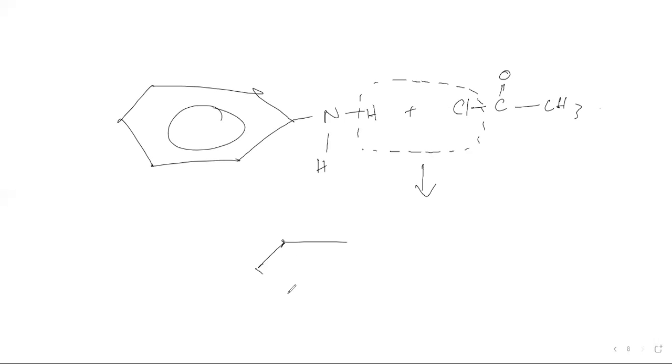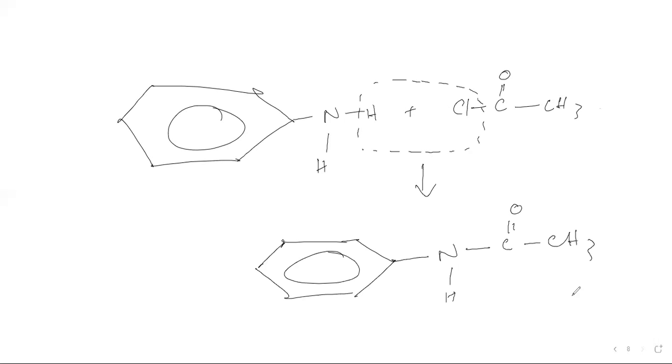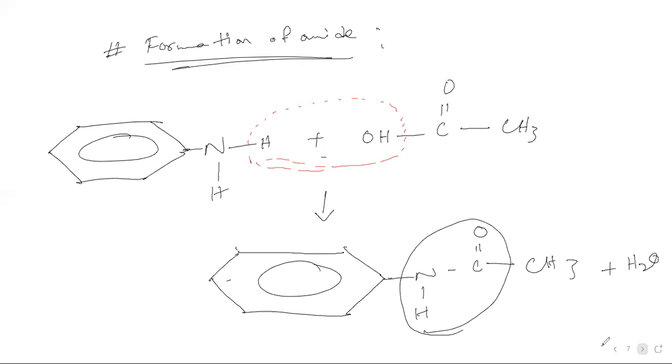So consider this. This is our benzene ring, that's our hydrogen. The rest of the thing remains completely identical. And in this situation the byproduct is HCl. Now notice one thing, the structure from the previous reaction and this one.